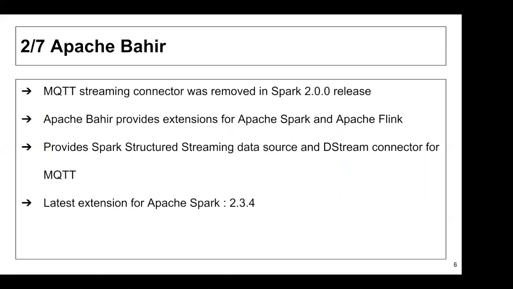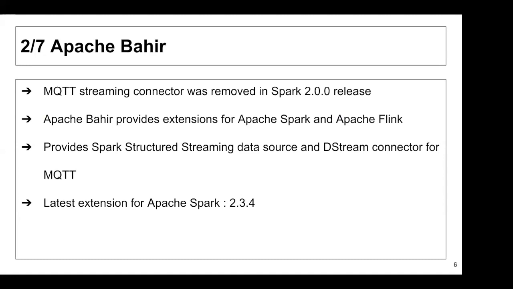Now we are going to talk about MQTT, but MQTT was supported by Spark till version 2.0. Because of very low use and high maintenance, they removed it from the Spark project. But there's another project which is called Bahir. They provide extensions for Apache Spark and Flink.